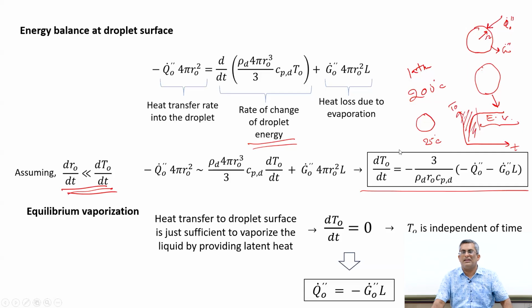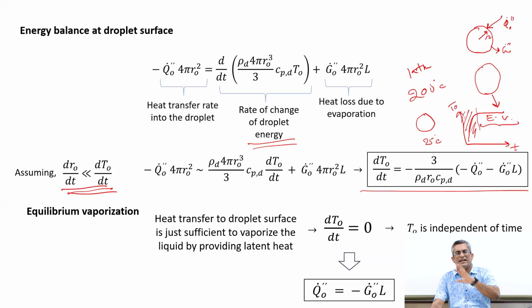For example, again, if you consider a petrol engine, there we introduce a mixture of fuel and air. In case of a petrol engine, the droplets might not be there, they might have evaporated already.